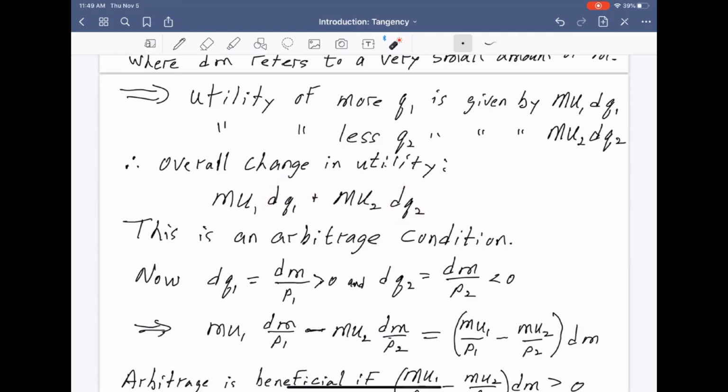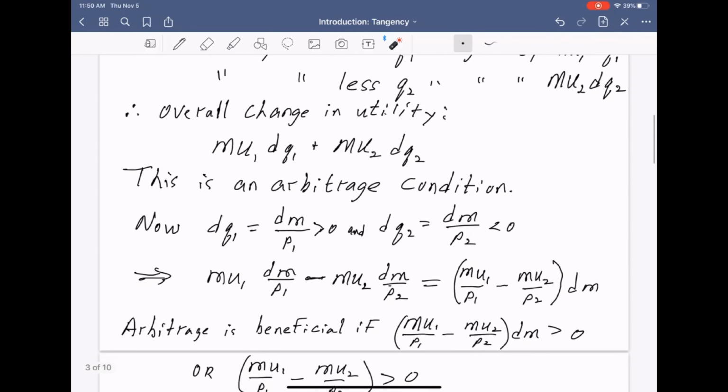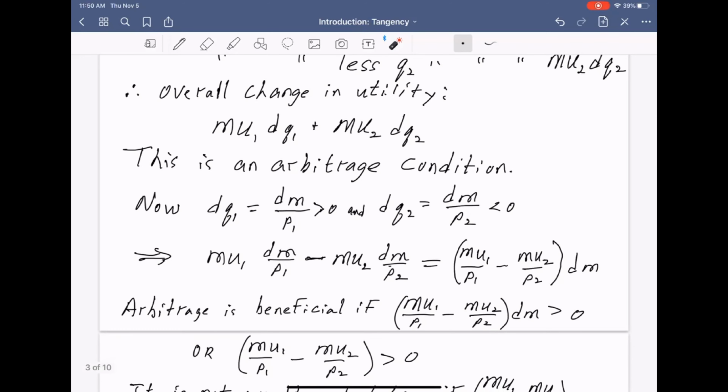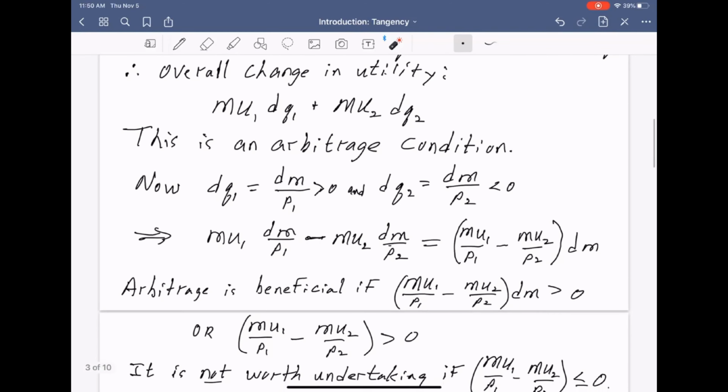So this amount here would be negative. This would be positive. Both the marginal utility of 1 and the marginal utility of 2 are assumed to be positive. You can't have negative marginal utility. That is a decline in marginal utility. All right, so we assume that the utility function itself is positive.